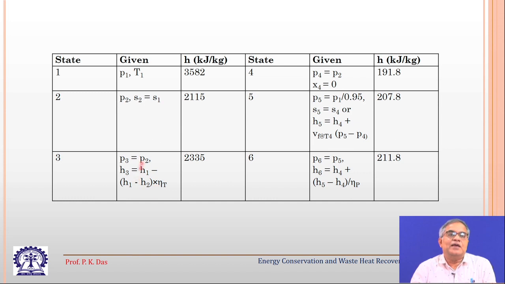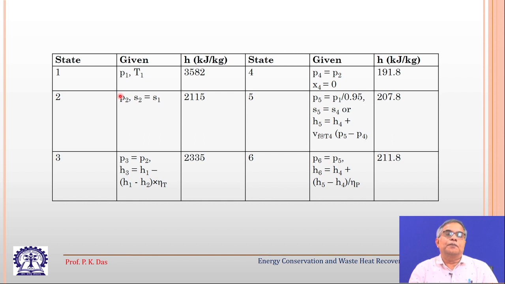So, here in the tabular form, for different state points, how many state points are there? Important state points 1, 2, 3, 4, 5, 6. For each state point, we have presented the properties which are given in the problem, and at the same time the properties which are to be calculated using the property table, in this case a steam table.